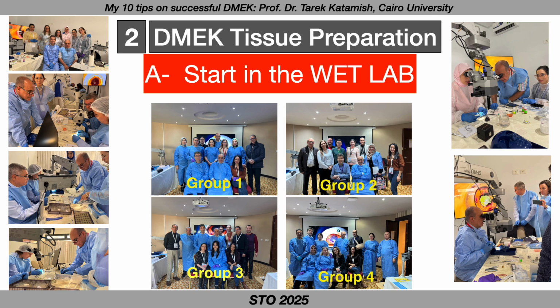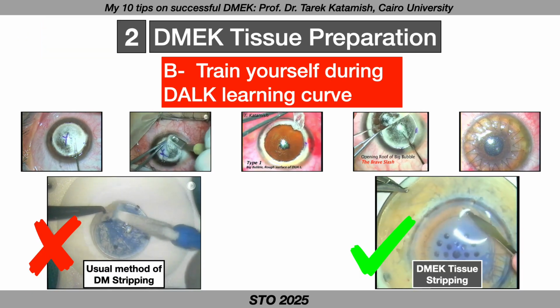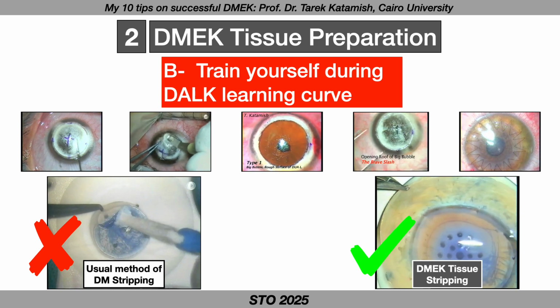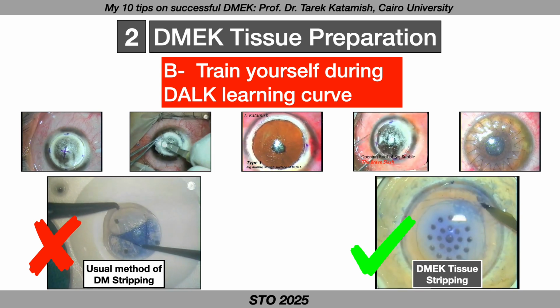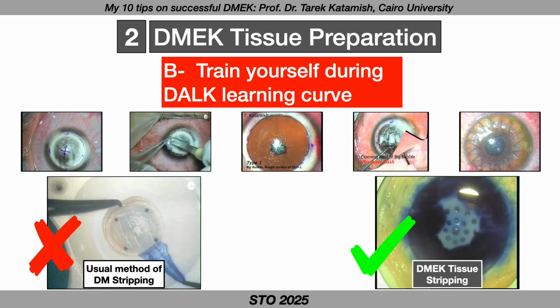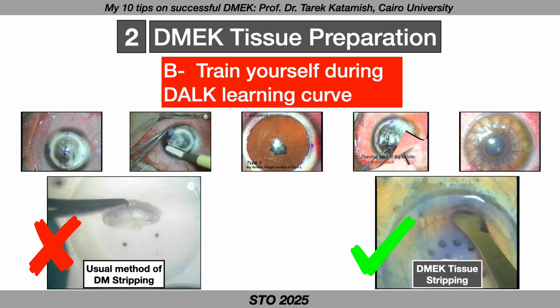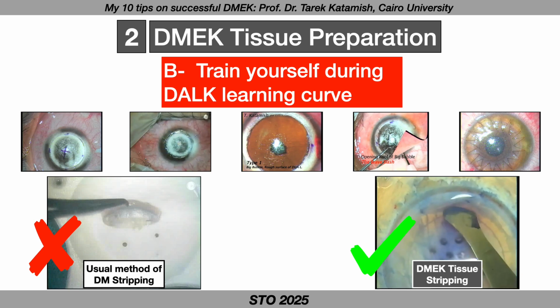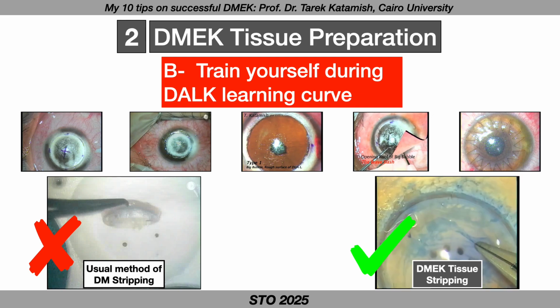For this reason, you have to start your learning curve in a wet lab, and don't waste your good cases. Try to learn how to do tissue preparation for DMEK because you are working without any stress and you are using your DALK case for training for DMEK.